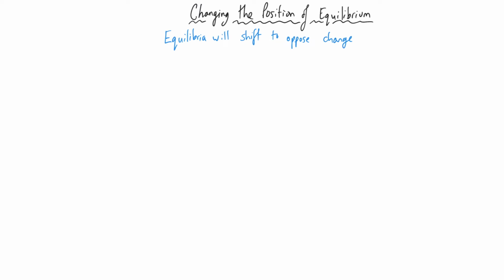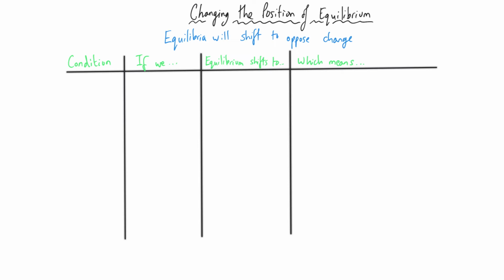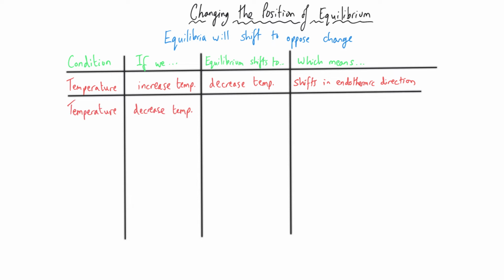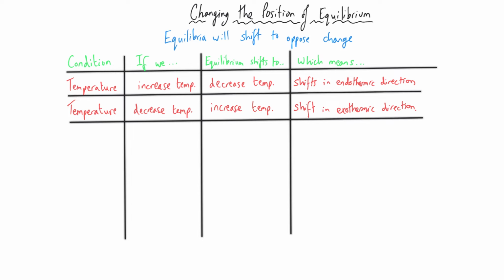So Le Chatelier tells us that anything that we do to an equilibrium will be opposed by the equilibrium itself shifting. And so what that means is if we increase the temperature, equilibrium will shift in the direction that lowers the temperature, and that is the endothermic reaction. If we decrease the temperature, equilibrium will shift to oppose that, to raise the temperature up again, and that will be the exothermic reaction.